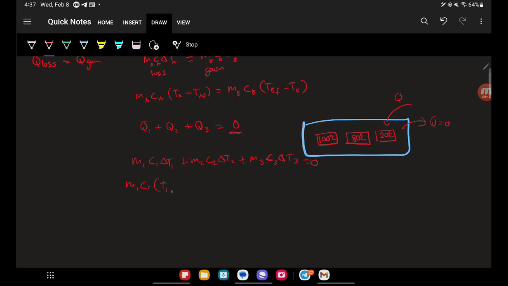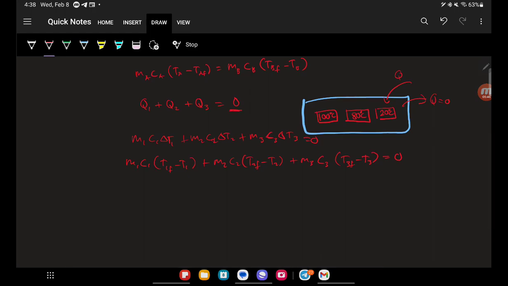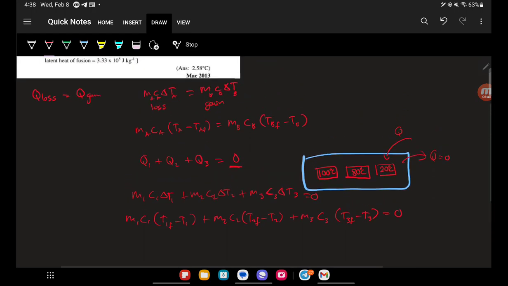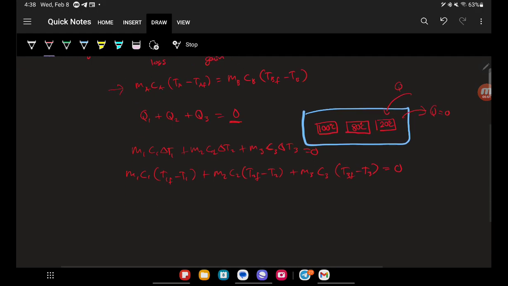So this is going to be M1 C1 times (T1 final minus T1 initial), plus M2 C2 times (T2 final minus T2 initial), plus M3 C3 times (T3 final minus T3 initial), and then the whole thing equals 0. You can see it's similar to what has come in the notes there.